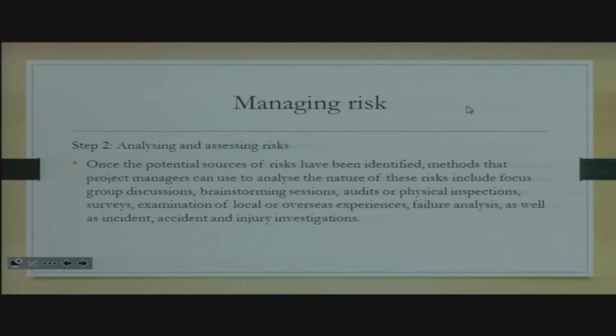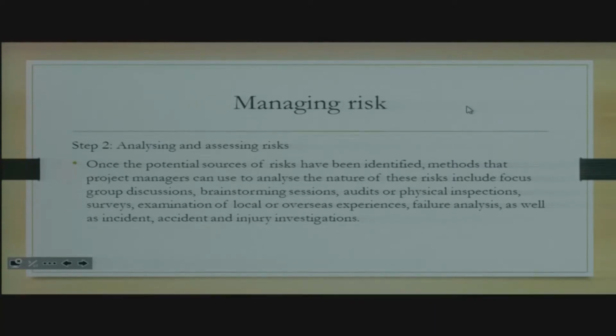Then step number 2 under managing risk, we say that you need to analyze and assess the risks. Once the potential sources of risk have been identified, methods that project managers can use to analyze the nature of this risk include focus group discussions, brainstorming sessions, audits or physical inspection.